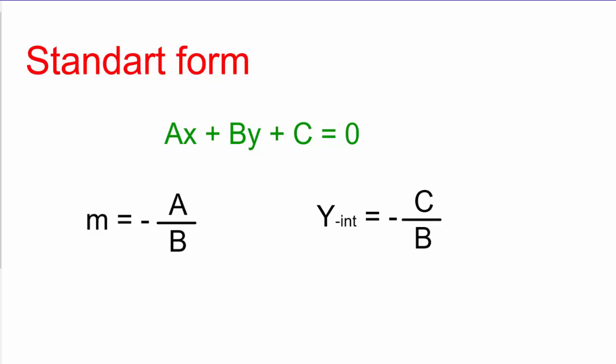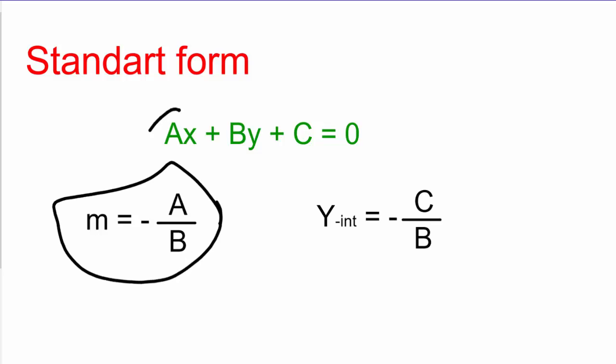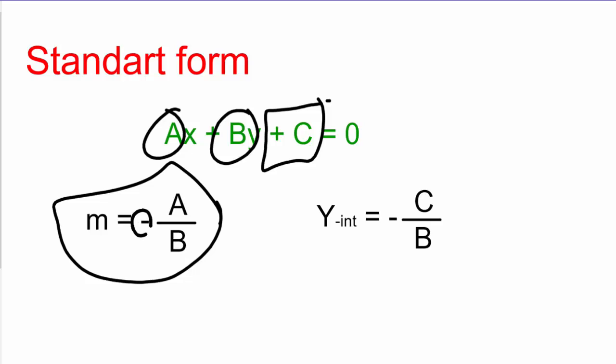Now, once we have standard form, we need to apply the rule, the formula. A is the one in front of x, B is the one in front of y, C is the regular number. And remember, both formulas have the negative sign first.